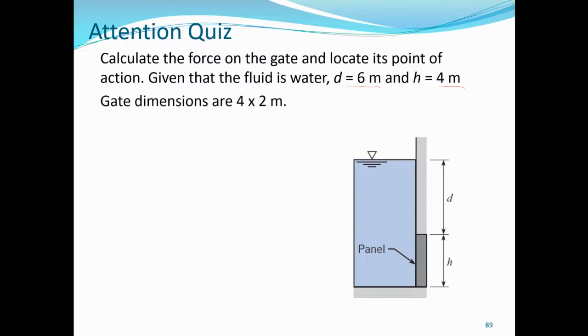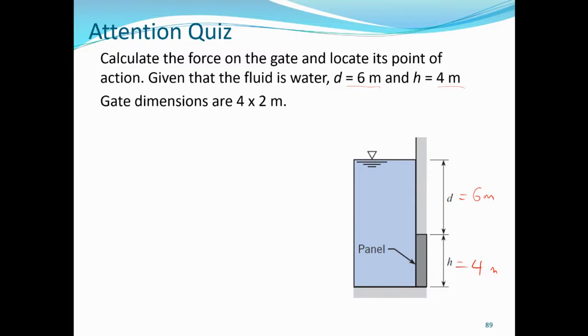The gate dimensions are 4 by 2 meters. The height is 4. So here h equals 4, d equals 6. The gate is rectangular, so it is 4 by 2 meters. Okay? 4 by 2 meters.